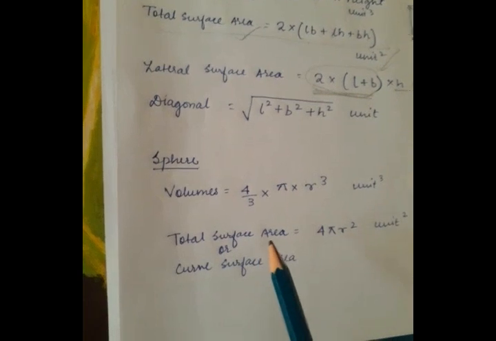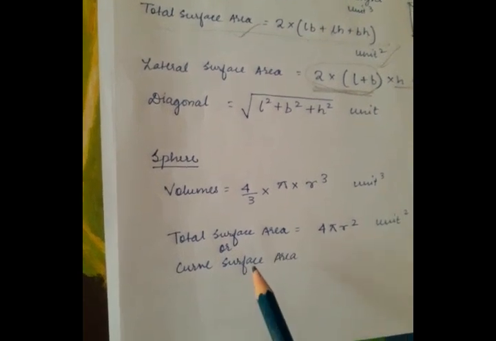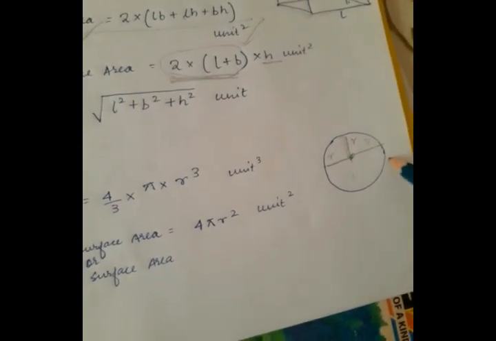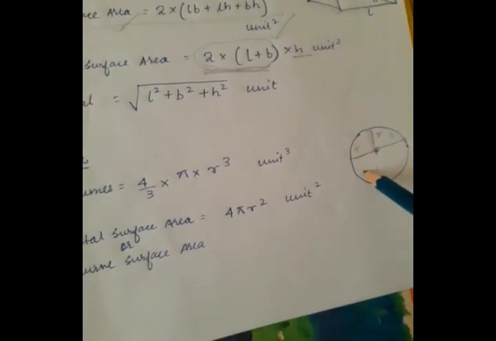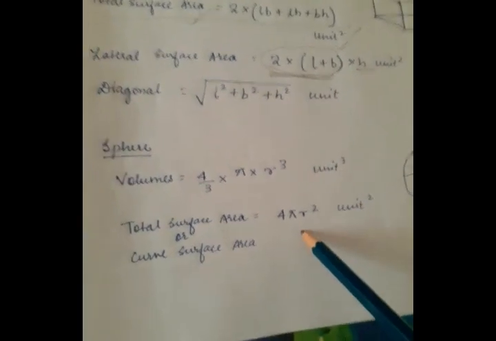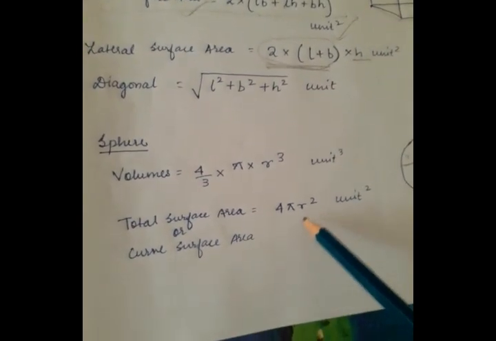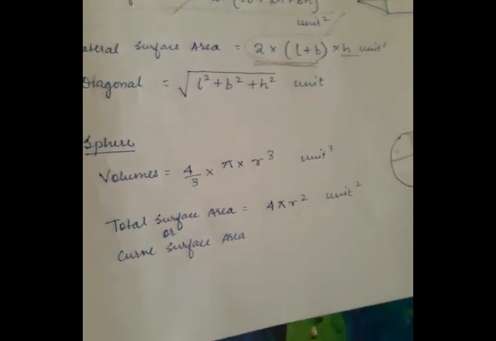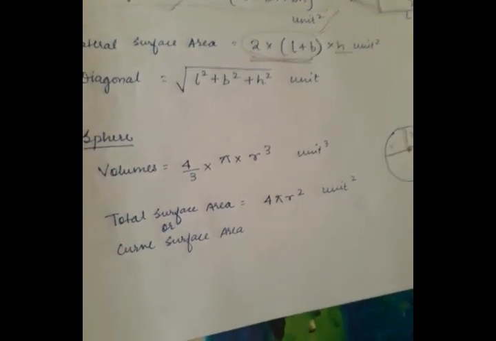Remember, the total surface area and curved surface area of a sphere are the same, because it is just round all over. That is why the curved surface area and total surface area of a sphere are the same, that is 4 pi r square unit square. There are no diagonals, because we are dealing with curvilinear figures.